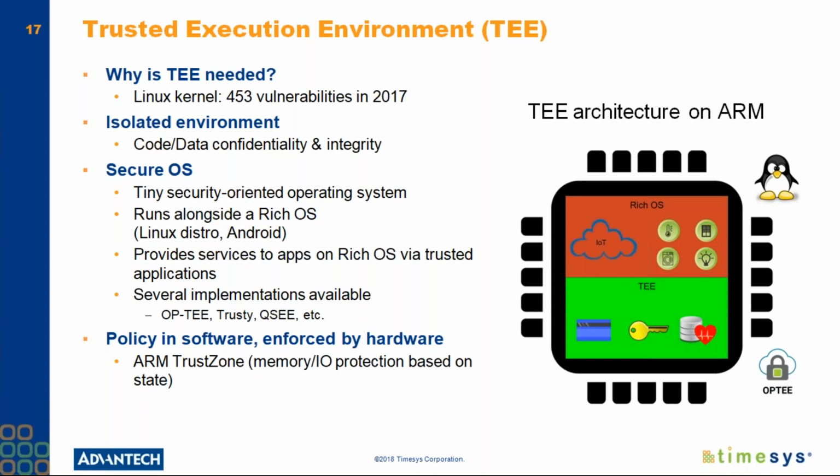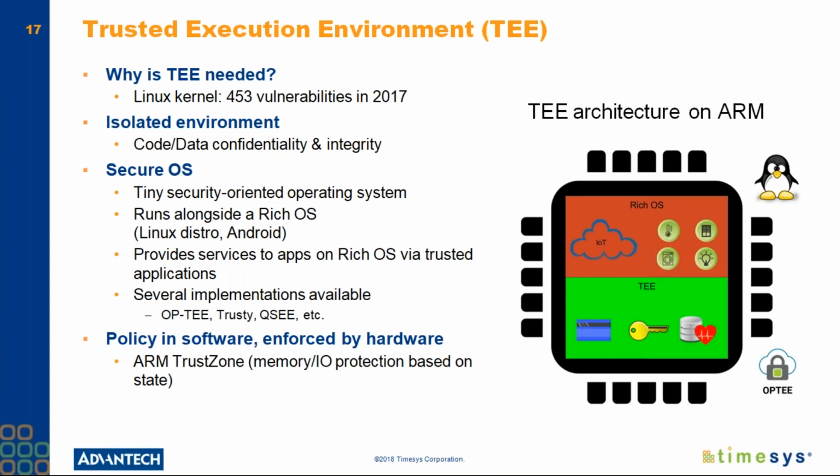So any one of these vulnerabilities could potentially lead to root access on the device. And if somebody gets root access on the device, then they can potentially get access to any of the memory locations and gain control of confidential information.